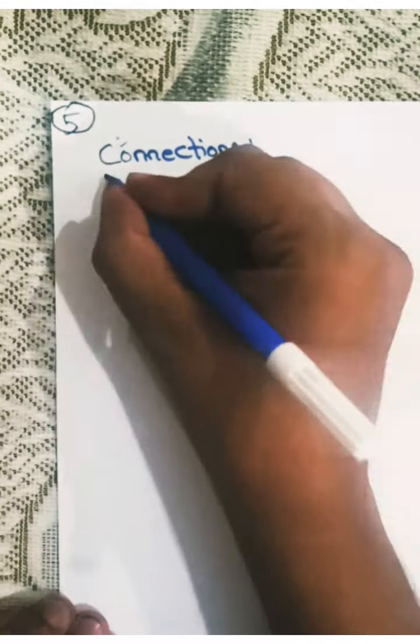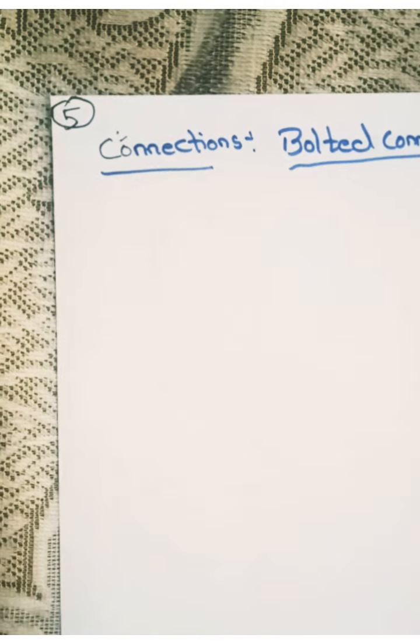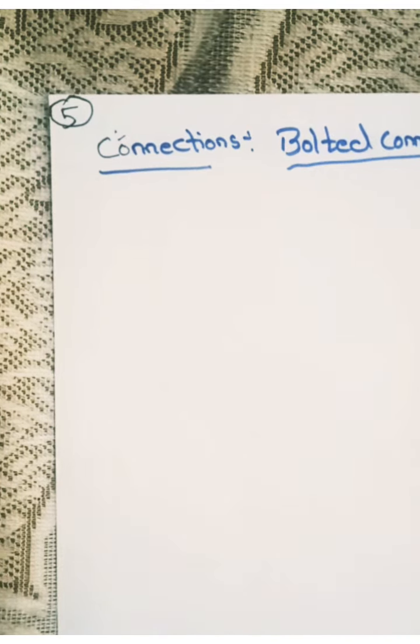Just to revise, I will provide both the connections, that is the bolted connection as well as the welded connection. In the exam, if they haven't mentioned any connection in the question, you can provide either a bolted connection or a welded connection, and if they have mentioned it, you have to provide the connection stated in the question.